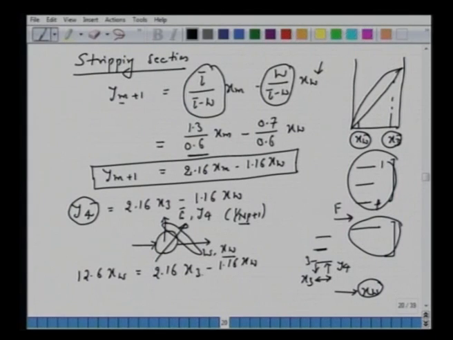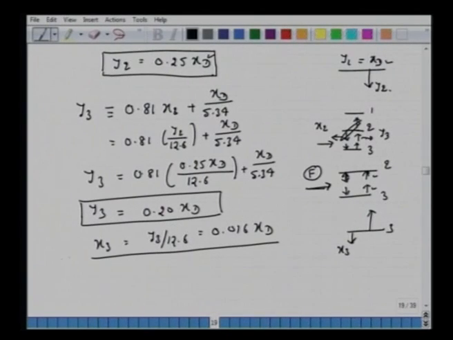But remember, this X3 we also calculated from the previous equations, the operating line for the rectifying section, where X3 was calculated as 0.016 Xt. So go back to the previous slide here. X3 is calculated in terms of 0.016 Xt.